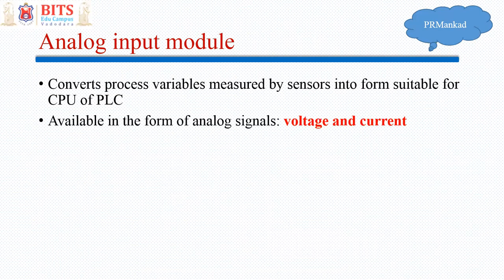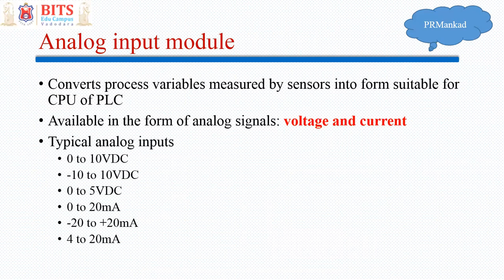They are available in the form of analog signals, voltage and current. Typical analog inputs which are available are 0 to 10 volt DC, minus 10 volt to 10 volt DC, 0 to 5 volt DC, 0 to 20 milliampere current, minus 20 to 20 milliampere, 4 to 20 milliamperes, right?